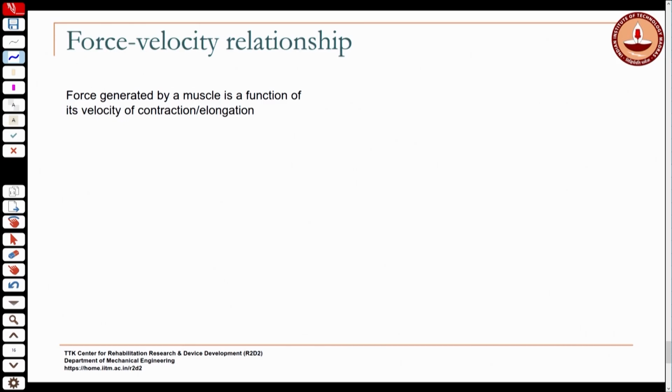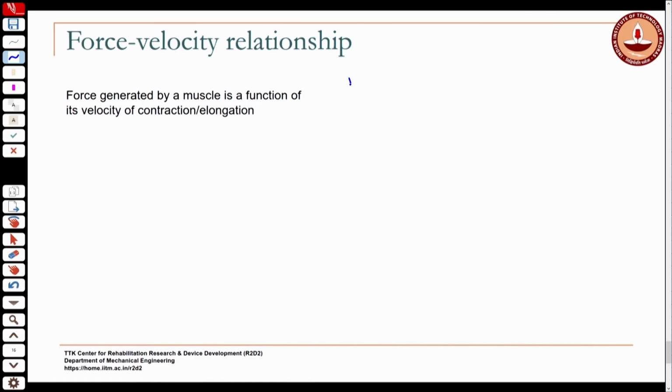So, you know how the filaments slide against each other, the cross bridges that are formed and all that. So, that is influenced by the velocity at which a muscle contracts.